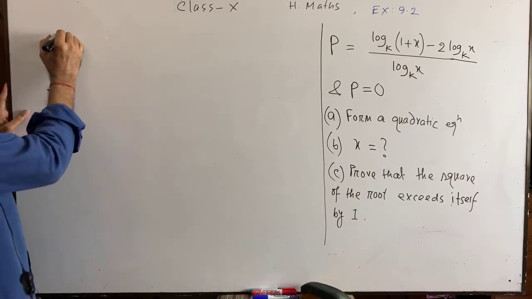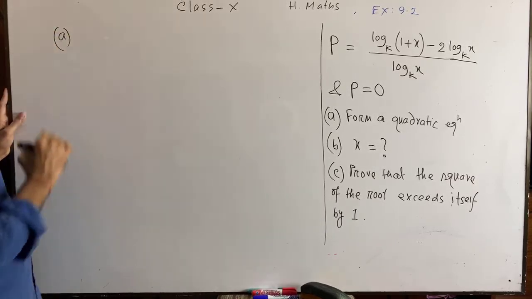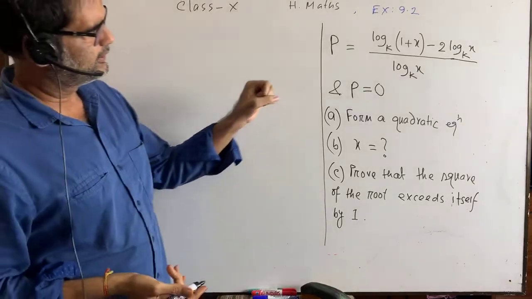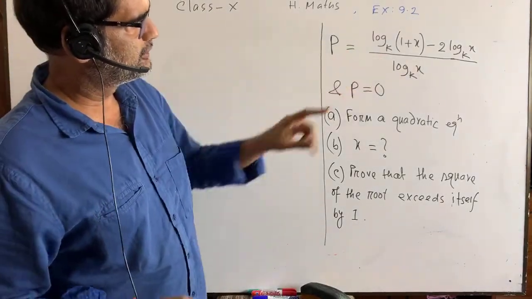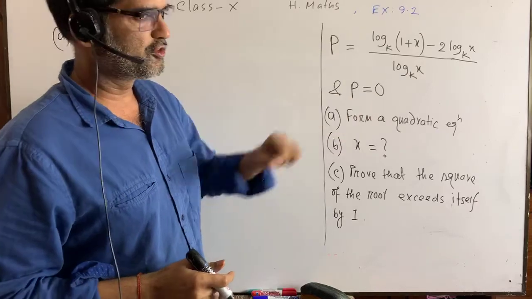Question number A. You see, it is given what? P equals to this. Again it is given P equals to 0.